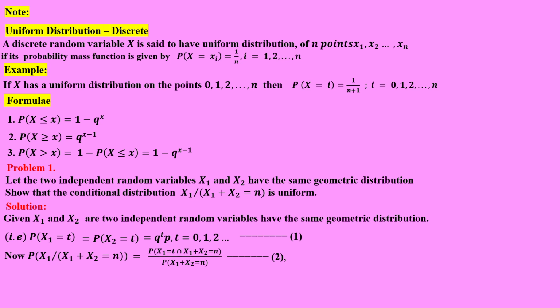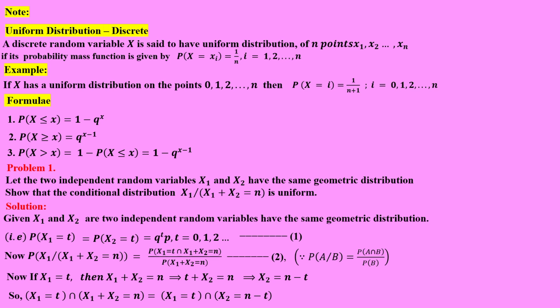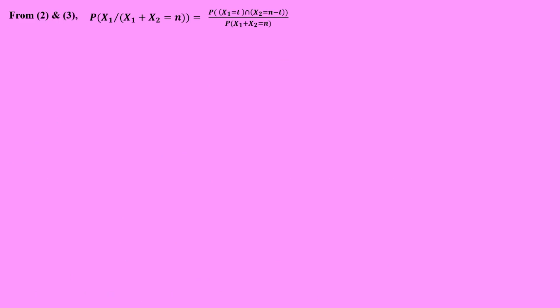This is from conditional probability: probability of A given B is equal to probability of A intersection B by probability of B. If X1 equals t, then X1 plus X2 is equal to n implies t plus X2 is equal to n, so X2 is equal to n minus t. So probability of X1 equal to t intersection X1 plus X2 equal to n is equal to probability of X1 equal to t intersection X2 equal to n minus t. That is equation number 3.